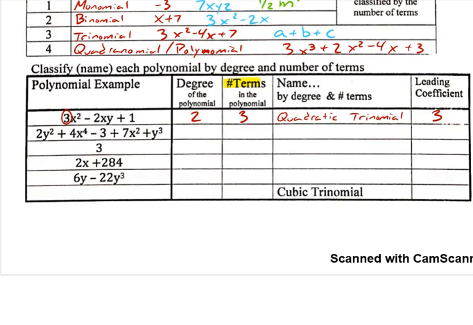In this next one, it's not in standard form, so you would want to kind of move stuff around. The term that should be in front would be the one with the biggest exponent, which would be this term here. So the degree of that term is a 4. Its leading coefficient is also a 4.